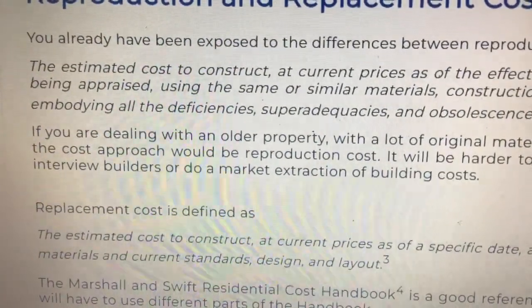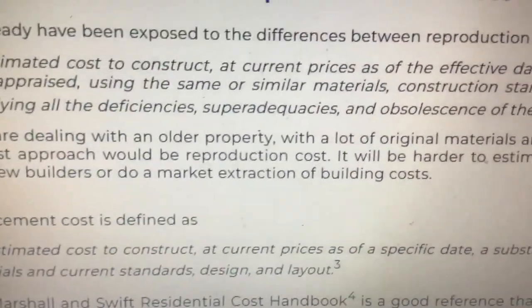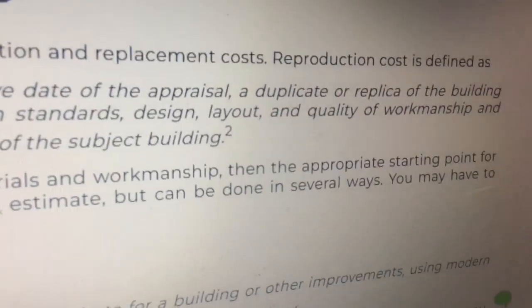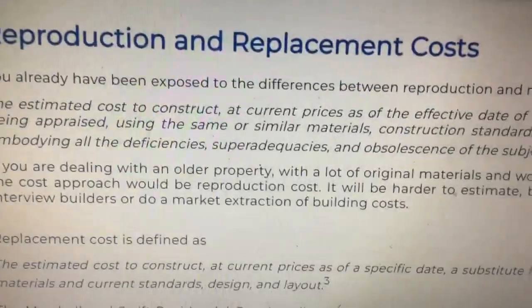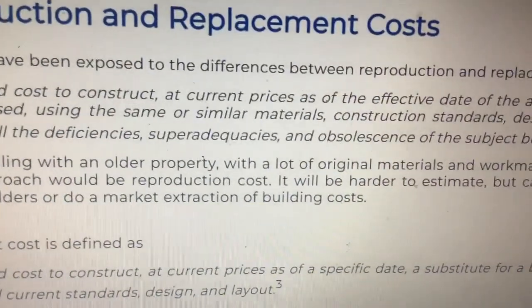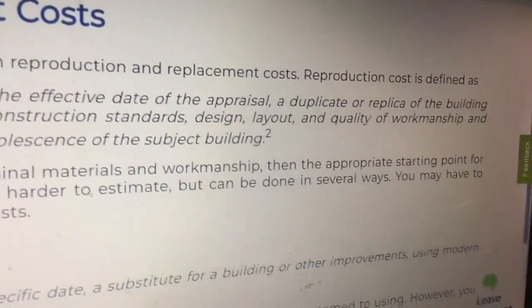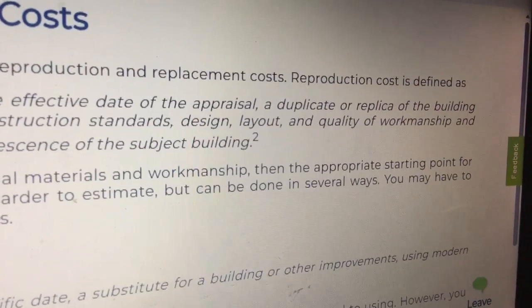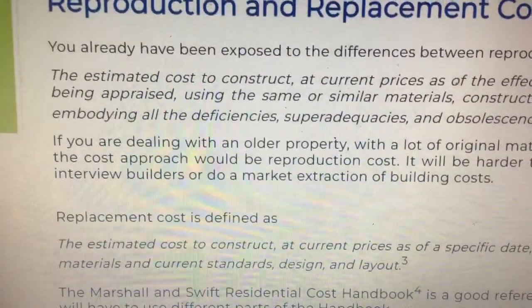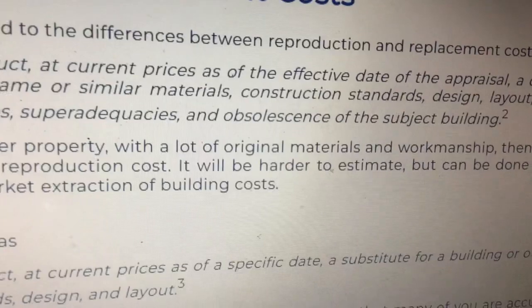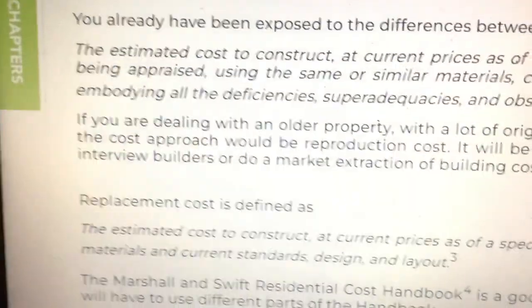Reproduction cost is defined as the estimated cost to construct at current prices as of the effective date of the appraisal a duplicate or replica of the building being appraised using the same or similar materials, construction standards, design, layout, and quality of workmanship, and embodying all the deficiencies, superadequacies, and obsolescence of the subject building.